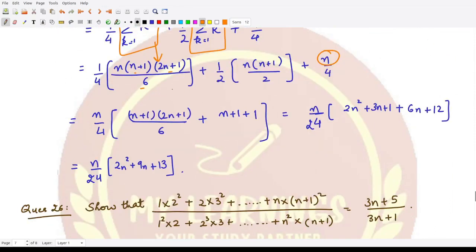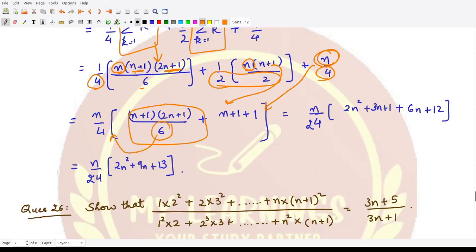Okay, next what you can do, you can take n common from each of these terms, right? And you can take 4 common from each of these terms. This becomes 4 and this becomes 4. So you are left with n plus 1, 2n plus 1 divided by 6. Here you are left with n plus 1, and here you are left with plus 1 only, correct? Now what you can do, you can take the 6 outside by taking the LCM. So you are left with n plus 1, 2n plus 1.